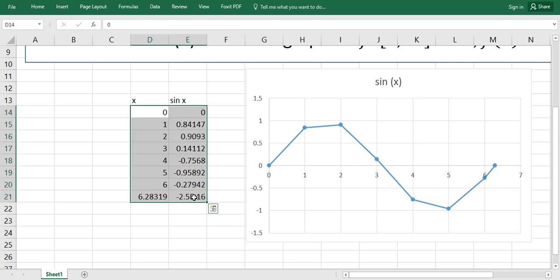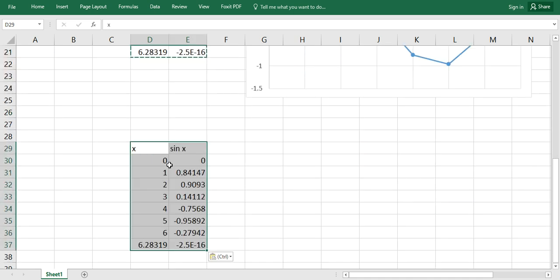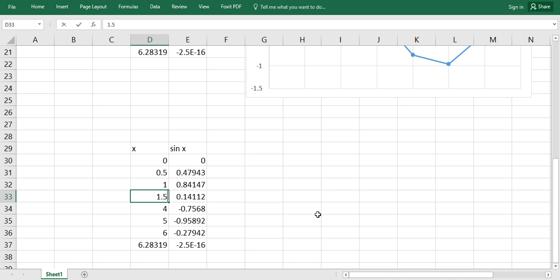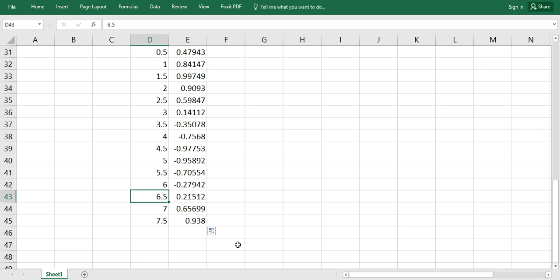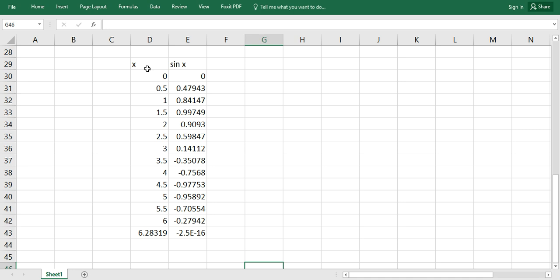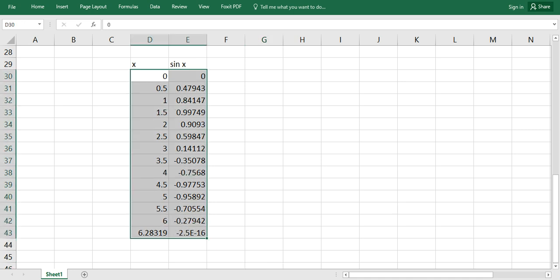Now I am doing the similar idea with many more points. That is 0, 0.5, 1, 1.5, 2, and so on. I am continuing, and you know that you can use the drag and drop option in Excel. Here somewhere it is 2 pi, so I am writing 2 star pi and removing these entries. Now for this I am drawing the graph.